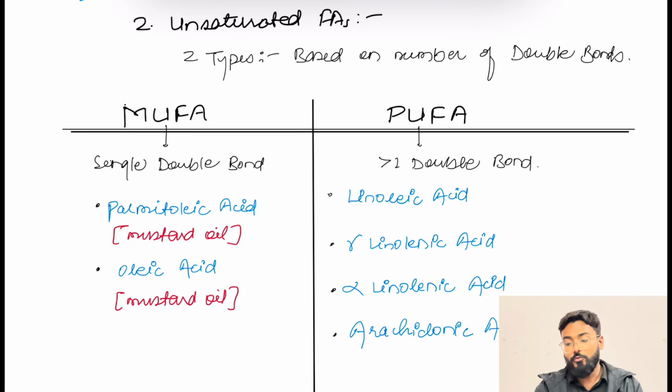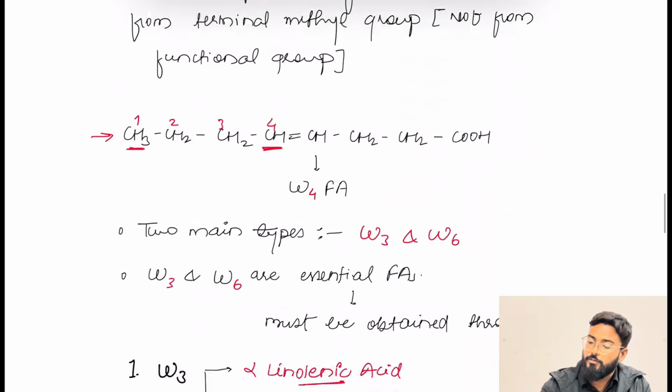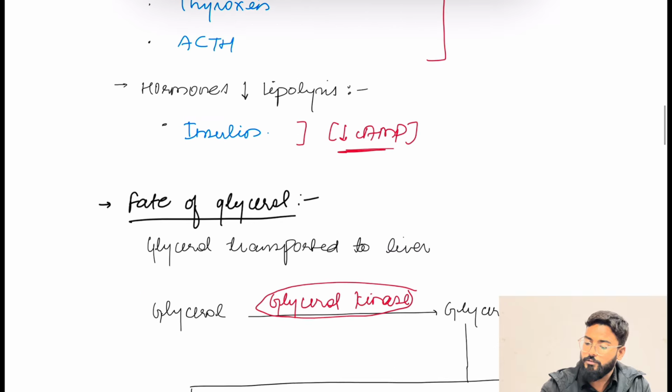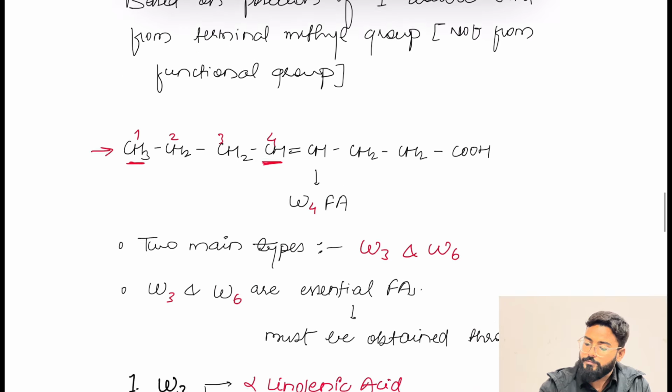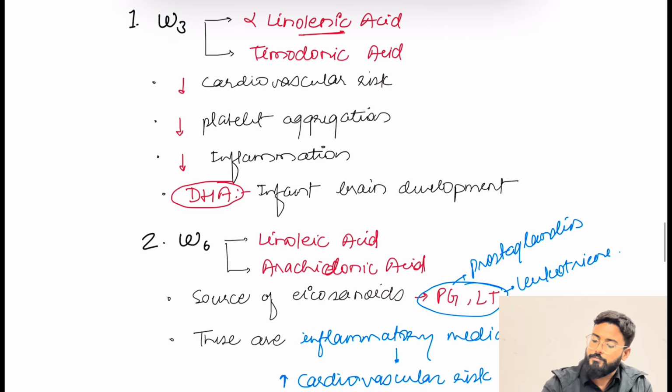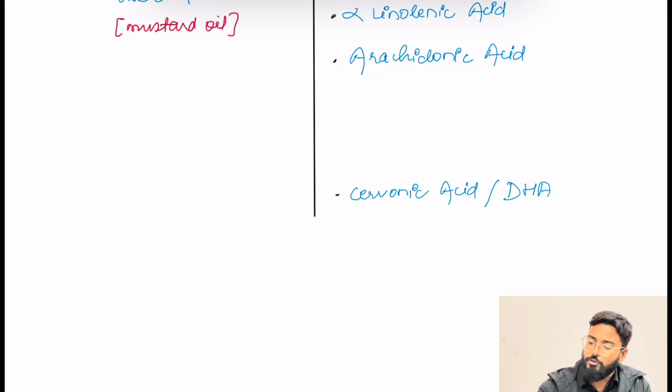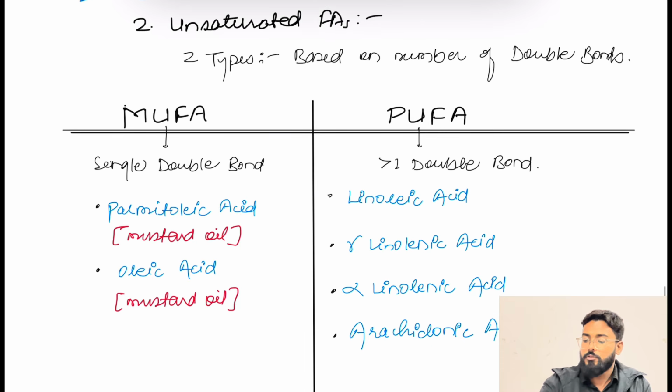Now moving on to PUFA, polyunsaturated fatty acid, which contains more than one double bond. The first example is linoleic acid, which we saw here, which is your omega-6 fatty acid. It is also an example of PUFA. The source is safflower oil, not sunflower, it's safflower.